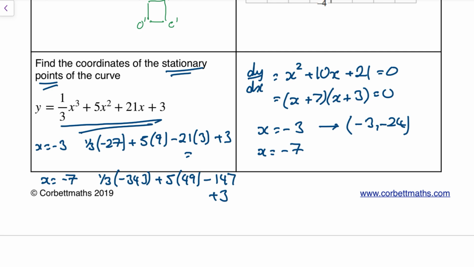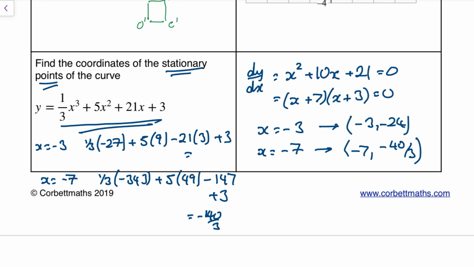All that in my calculator: minus 343 over 3, plus 5 times 49, minus 147, plus 3, which gives me a final answer of minus 40 over 3. Which means the second turning point is minus 7, minus 40 over 3.